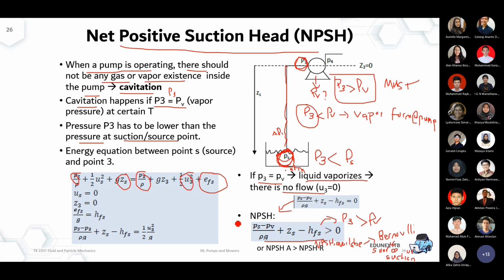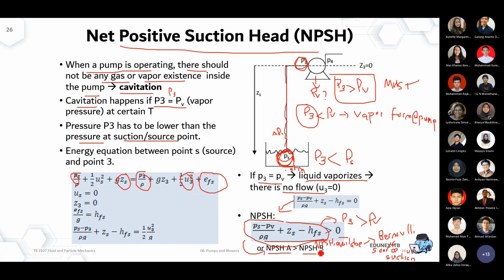If your pump is very ideal, you just need to make sure that the left part of the equation is bigger than 0, and you should be able to avoid any cavitation. But in more realistic terms, the safer way is to make sure your NPSHA, which is the left part of the equation, is above the NPSH required.